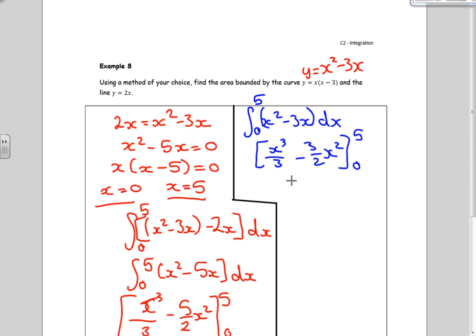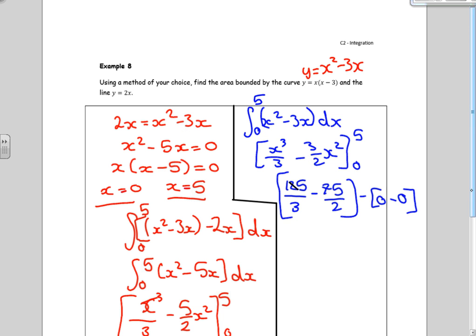When I substitute in 5, I get 5 cubed, which is 125 over 3, minus 3 lots of 5 squared, which is 75 over 2. And when I substitute 0 in, I just get 0 minus 0.